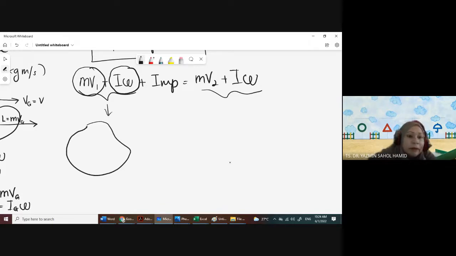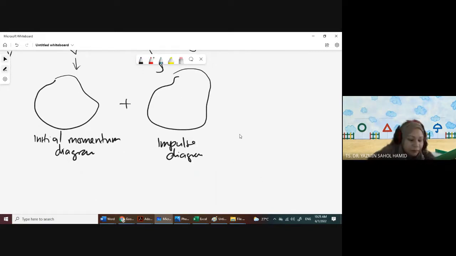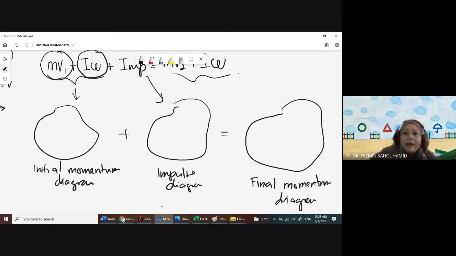It will be the initial momentum diagram plus the impulse diagram, which equals to the final momentum diagram. So there are three diagrams. You need to draw these diagrams and use these formulas.